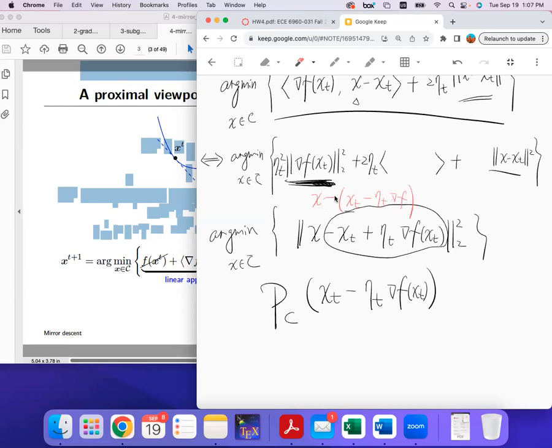So it's x minus this term. This is a given point, and we are looking for the x that has minimum distance to this given point within the set C. So this is by definition the projection of this point onto C, which shows this is exactly the projected gradient descent update.